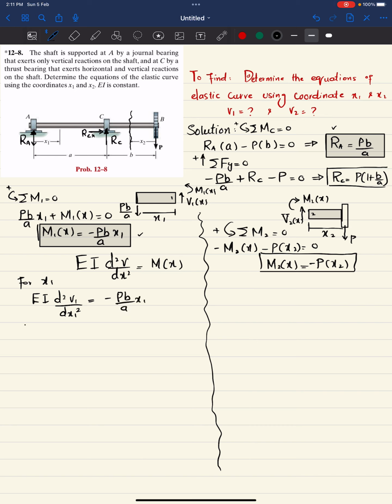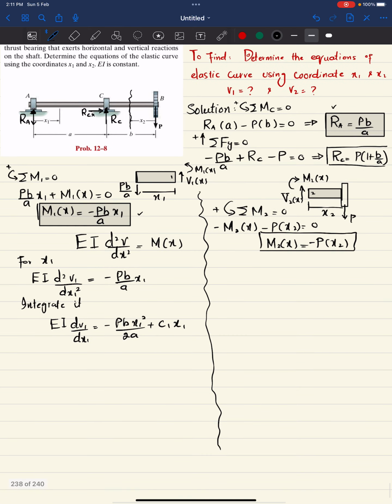If you integrate it once, you will get EI dv1/dx1 equal to minus Pb x1²/2a plus C1 x1.